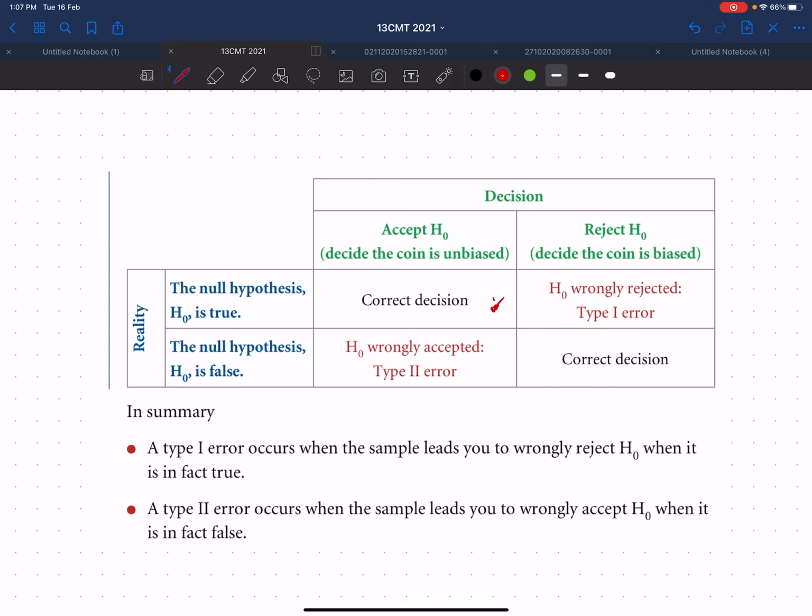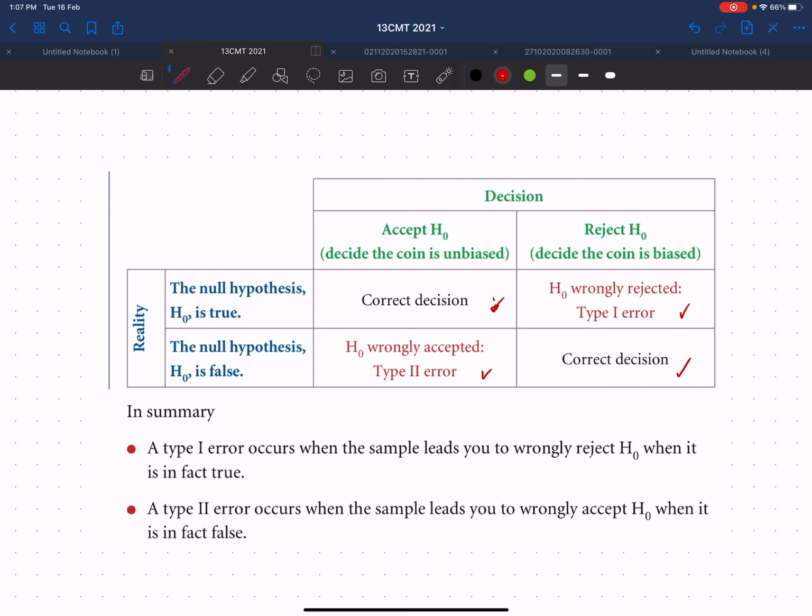Or if the null hypothesis is false and you correctly reject your null hypothesis, you get a correct decision. However, if a null hypothesis is true, but you end up rejecting it because you've ended up in that critical region with your data, that's called a type 1 error. Or if a null hypothesis is false, but you end up accepting your null hypothesis because there's not enough data to suggest there's been a change, that is a type 2 error. Okay, so that's basically the 4 outcomes.